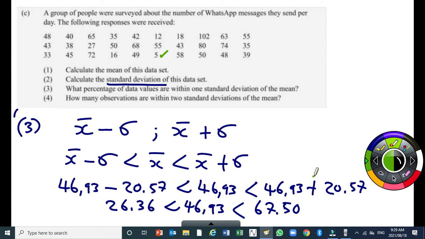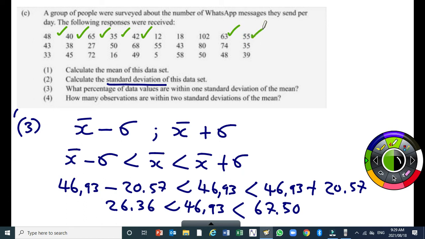The 5 is the minimum, so we don't need that. So let's do it row by row. In the first row, 48 is less than 67, so we need this. 40 is less than 67 and more than 26, we need that. 65, we need it. 35, we need. 42, we need. We don't need 22. We don't need 102, we need 63, we need 55.